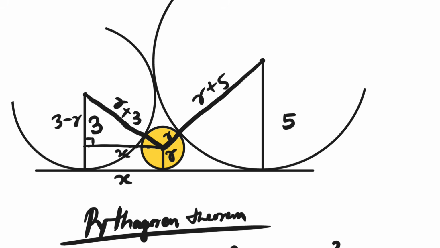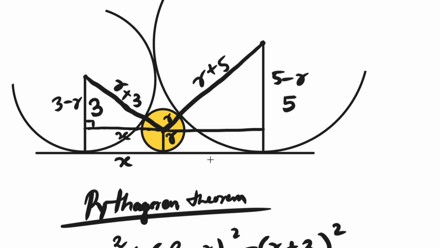Again, because both circles touch the same horizontal line, the center of the large circle is 5 units above the line, while the center of the small circle is r units above the line. Therefore, the vertical difference between their centers is 5 minus r. Let the horizontal distance between these two centers be y.